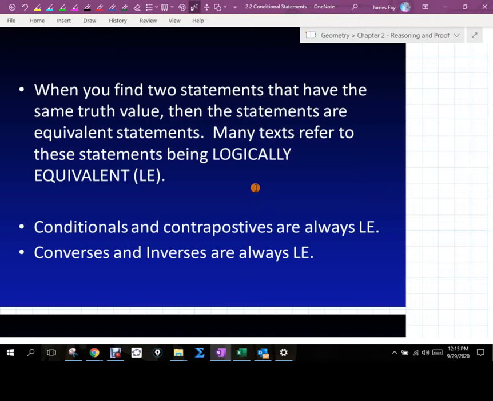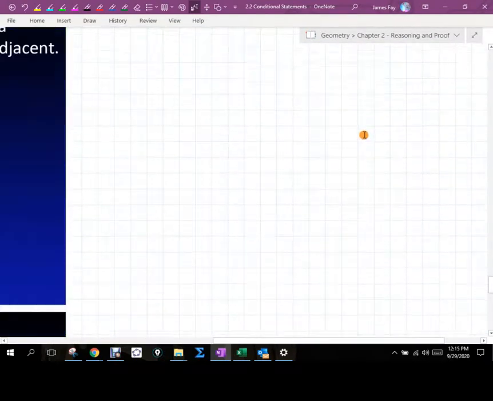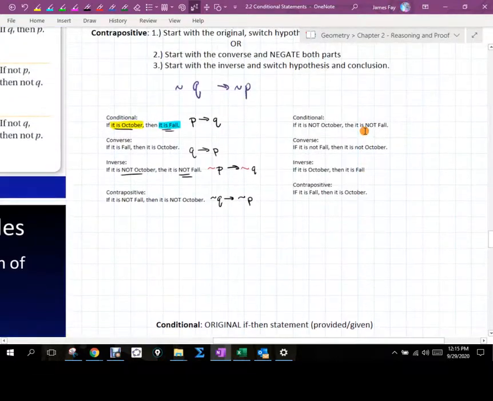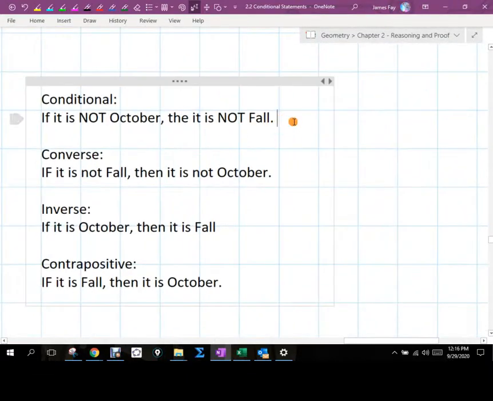So let's go back to our conditional statement that we had created. Like I said, I struggle with this first one as being true or false. But if I know that my conditional and my contrapositive should match, can you answer this one? If it is fall, then it is October.